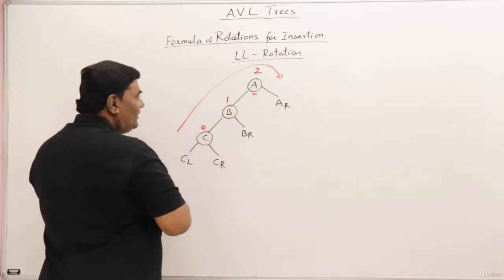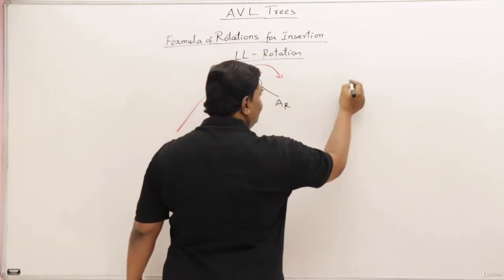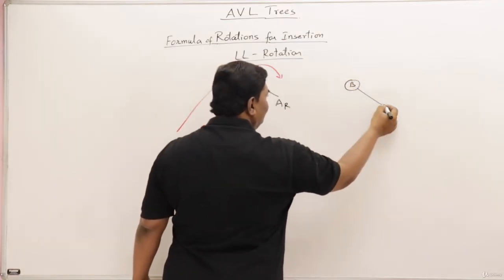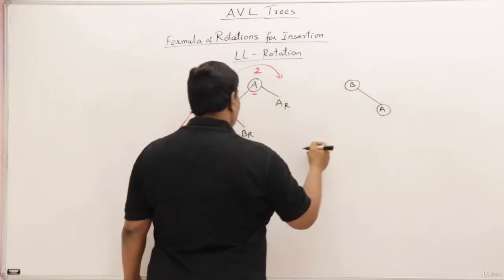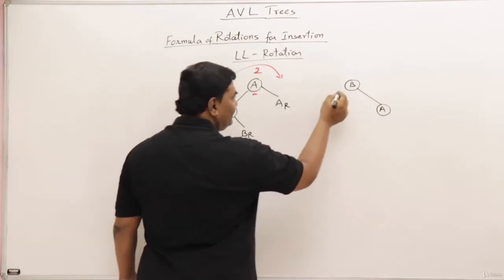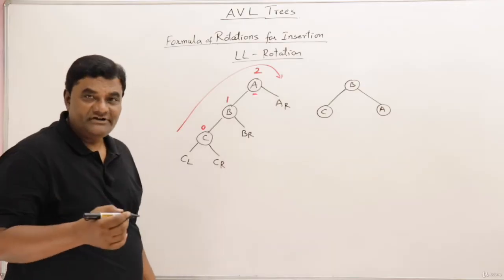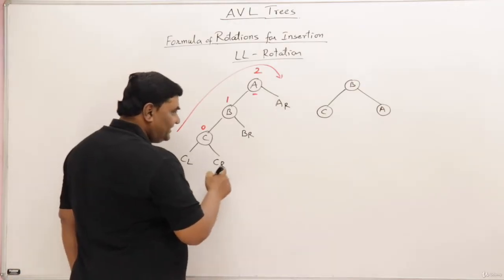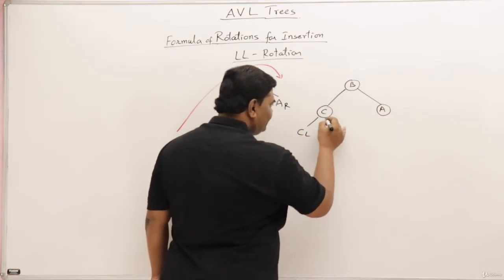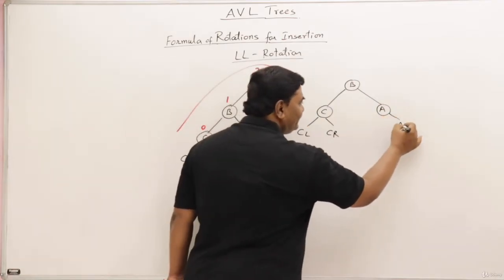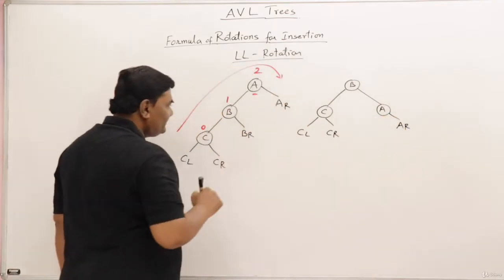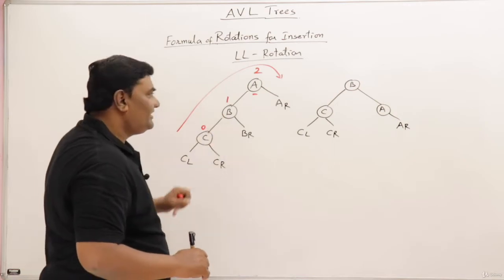Then what is the result? Who will come here? B will come here. Where will A go? On the right side. Then who will come in the place of B? C. What about the rest of the nodes? C's left child and right child as they are. A's right child as it is. Now who is missing? B's right child.